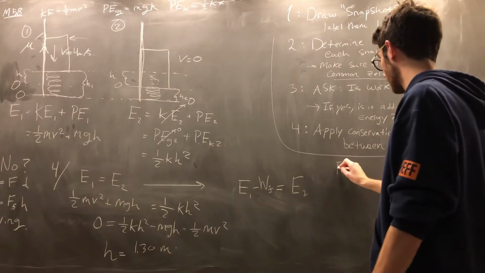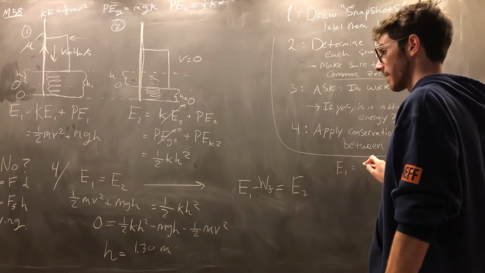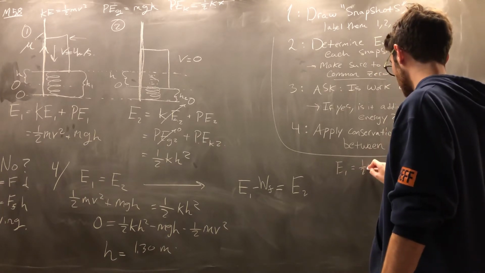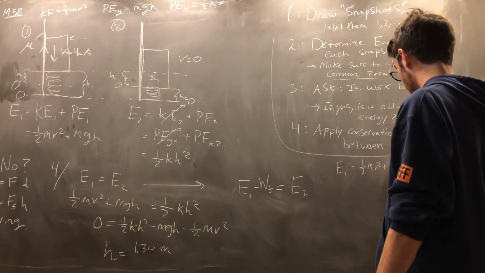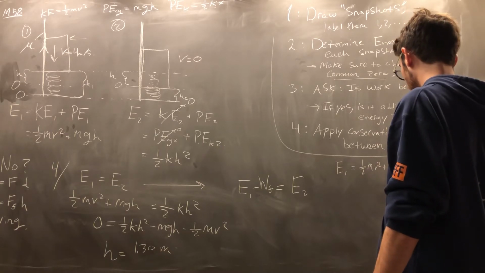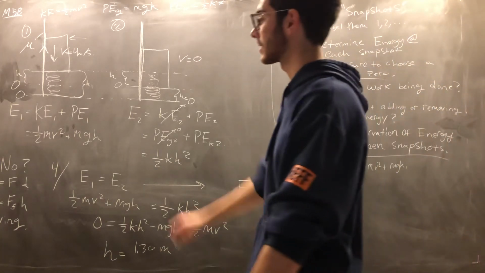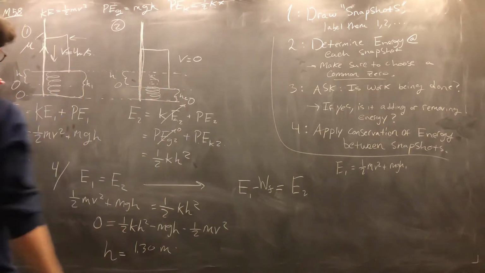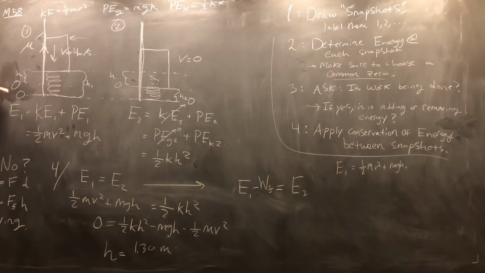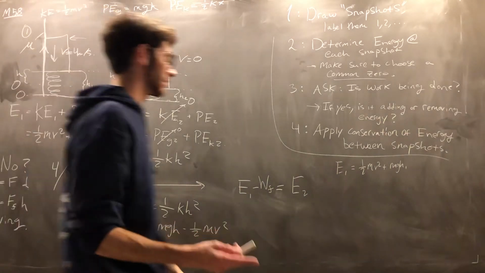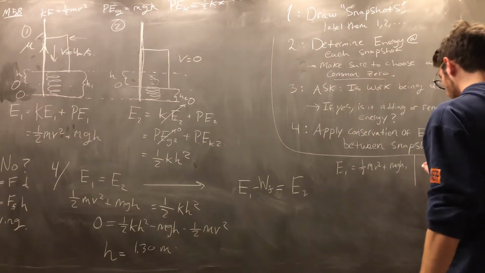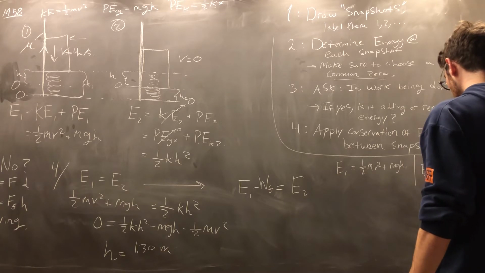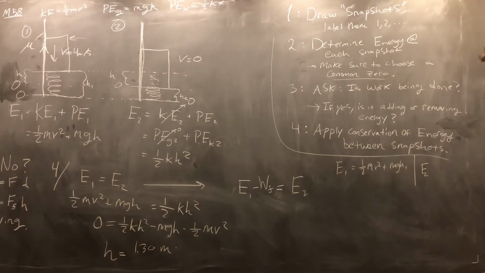our E1 would be, well, the kinetic term still, that doesn't change. But now we have an mgh1. That's fine. All that's happened is we've gone from our 0 here and a height here to our 0 here and a height of h1. So that's not too surprising. But now E2, that's an interesting way to draw E2.